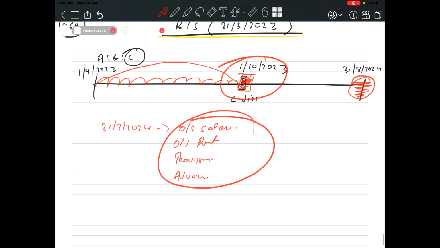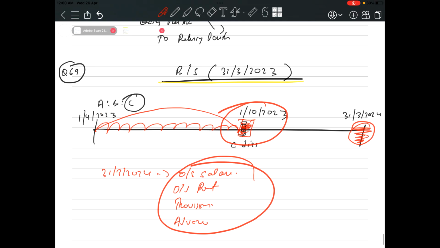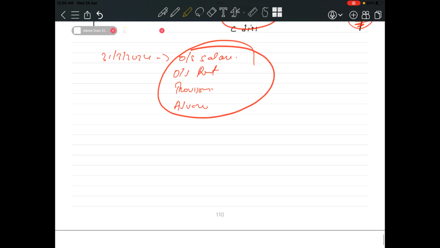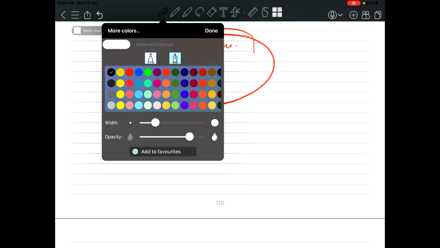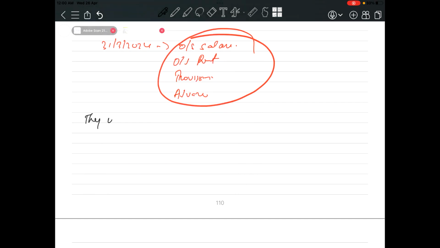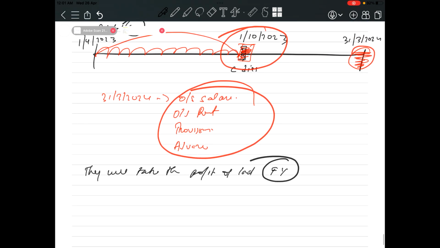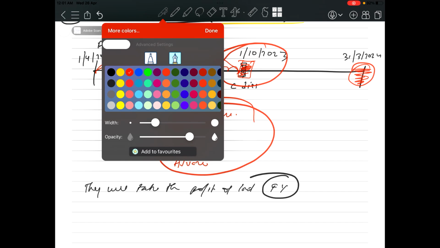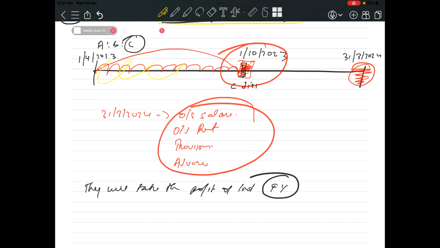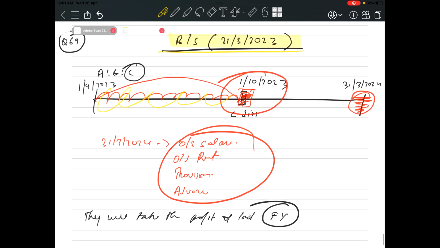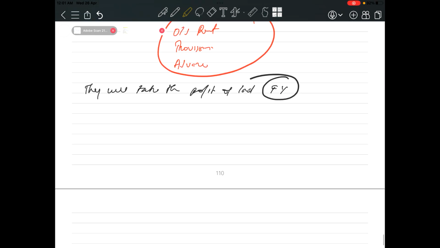What the business will do is take the profits of the last financial year, and on the basis of last year's profit, the firm will pay C his share of profit for the period starting from 1st April to 1st October 2023.